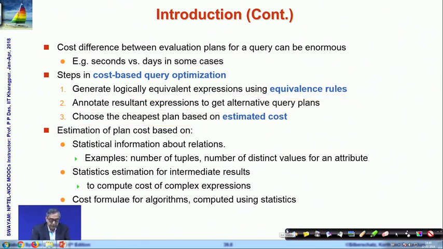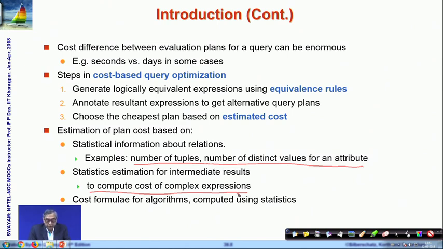The cost can be based on, as we had seen earlier, the number of tuples, the number of distinct values, frequently used attributes and so on, and we will use statistics also for intermediate results. If there are intermediate results to be stored, we will estimate the size of that result, because it needs to fit into memory for optimal execution.